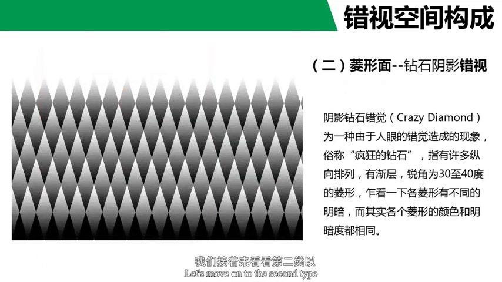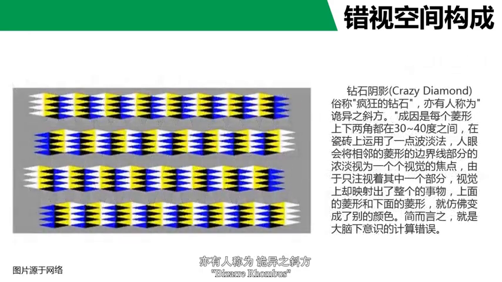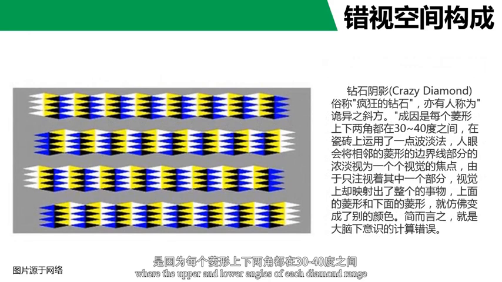Let's move on to the second type, the diamond shadow illusion with rhombic surfaces, also known as crazy diamond or bizarre rhombus, where the upper and lower angles of each diamond range between 30 to 40 degrees.